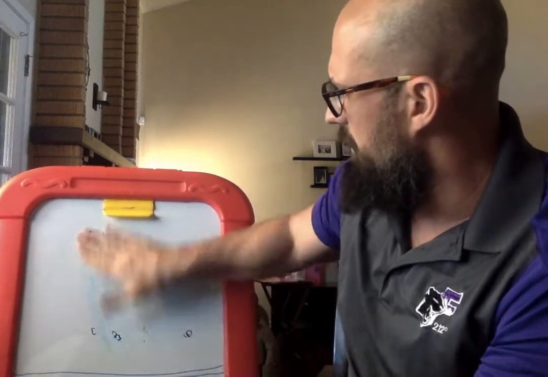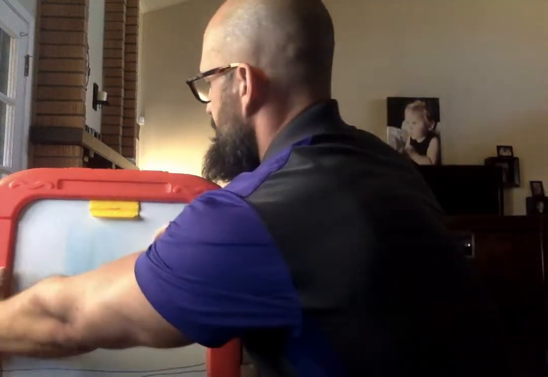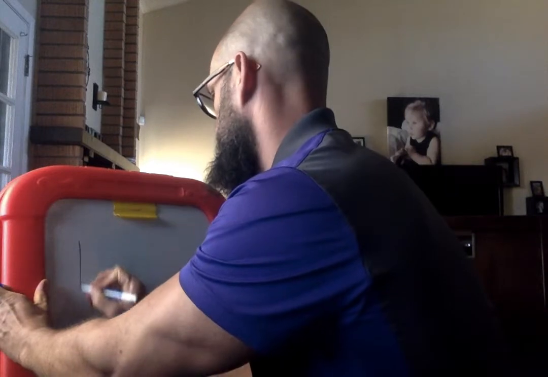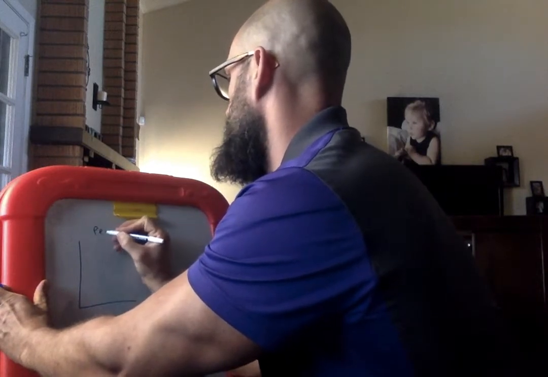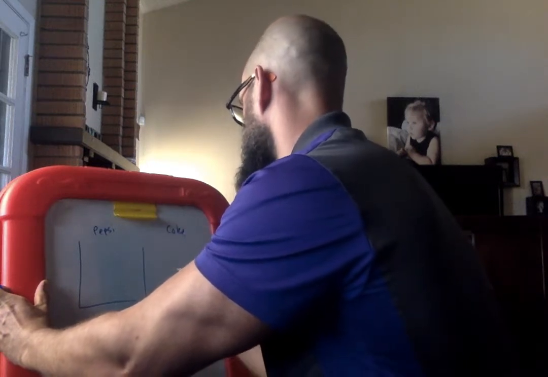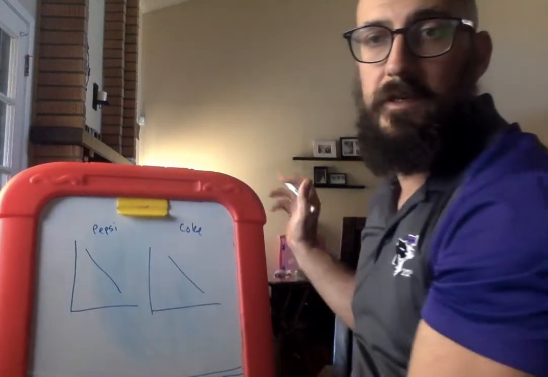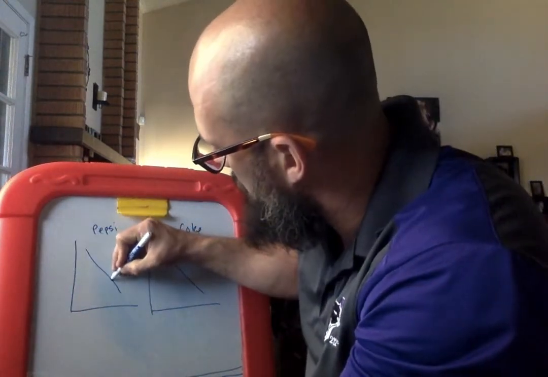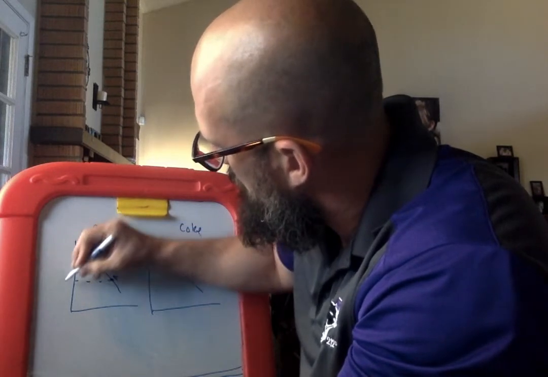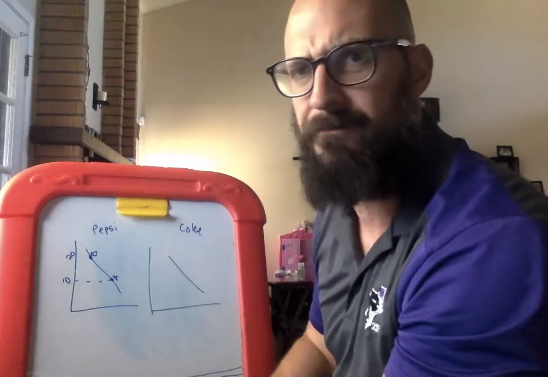You have two markets, Pepsi and Coke. What we said here is if the price for Pepsi goes up, it goes from point A to point B. Let's say this is $10 and this is $20 for a case of Pepsi.